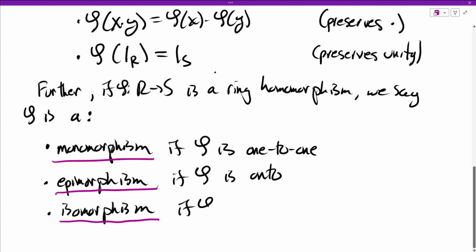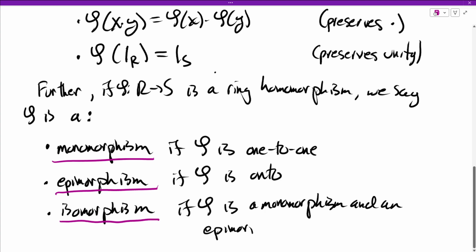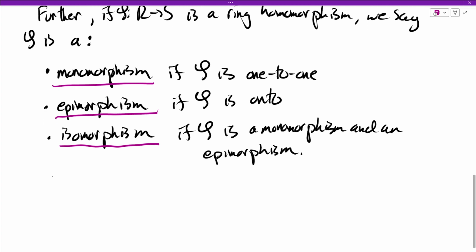if phi is both a monomorphism and an epimorphism. So it's 1-to-1 and onto. And then it is an automorphism.